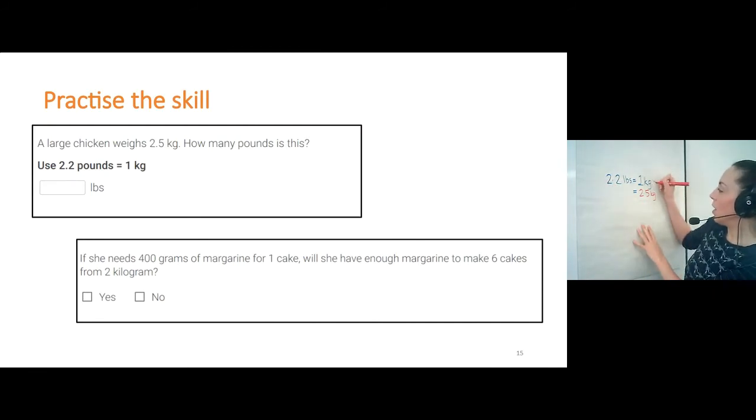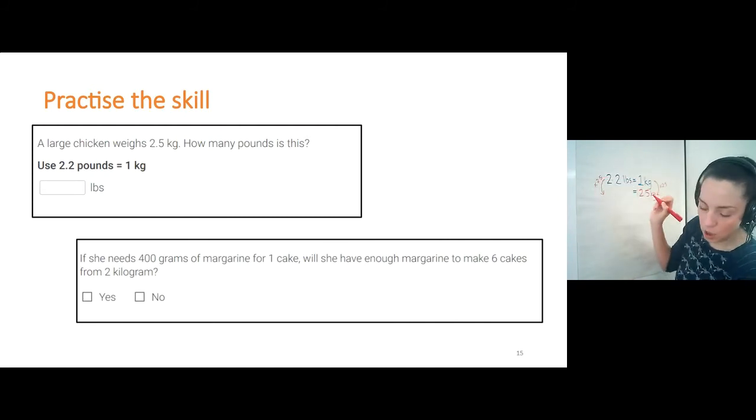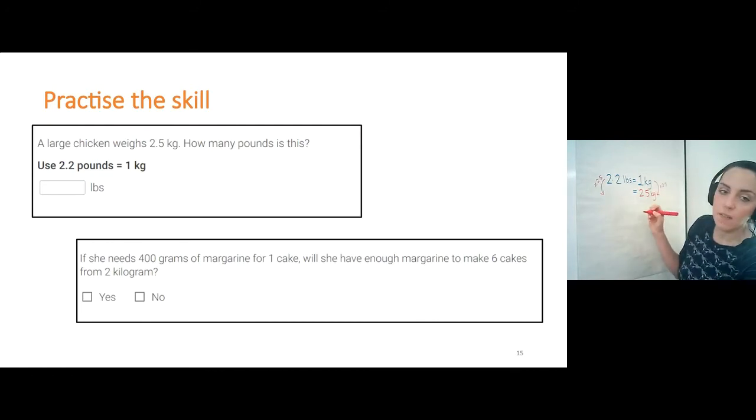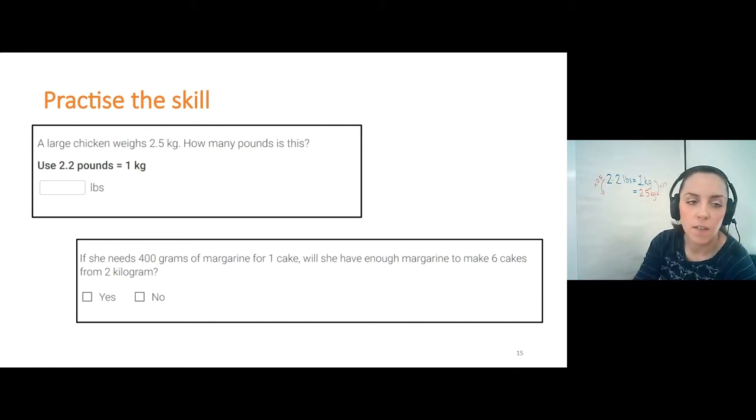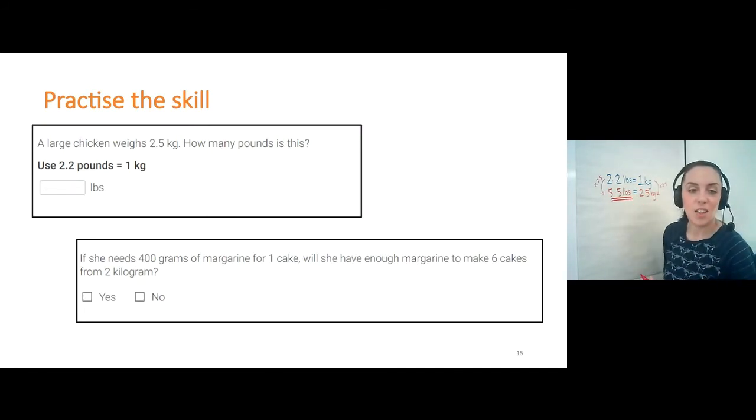We've increased our kilogram side by 2.5 times because 1 times 2.5 gets you to 2.5. Okay, so do exactly the same to this side. 2.2 times 2.5. Did you all get 5.5? Yeah, 5.5 pounds. So the large chicken weighs 5.5 pounds.